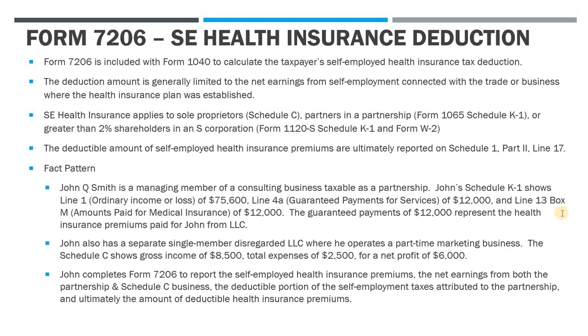And then in line 13, box M, amounts paid for medical insurance, we have the same $12,000 figure. And this is because the guaranteed payments consist solely of those health insurance premiums. So John wasn't paid any other guaranteed payments for the year. This just represents the self-employed health insurance premiums that the company paid on his behalf.